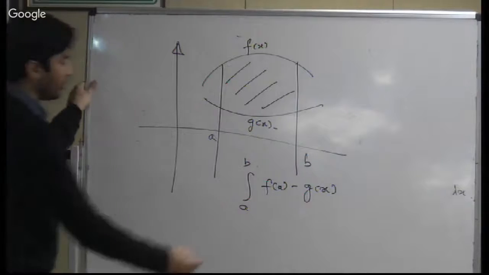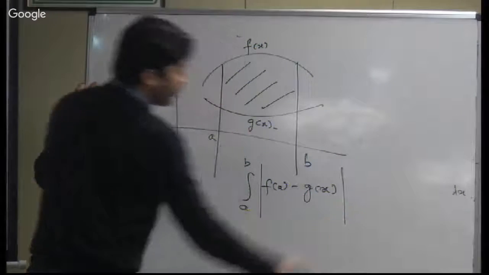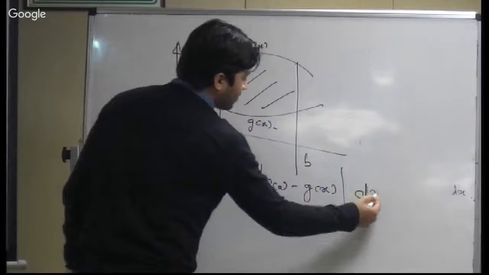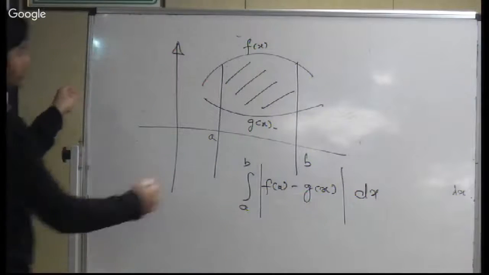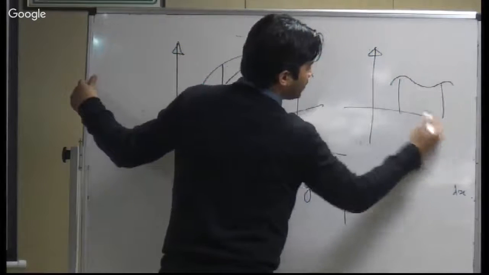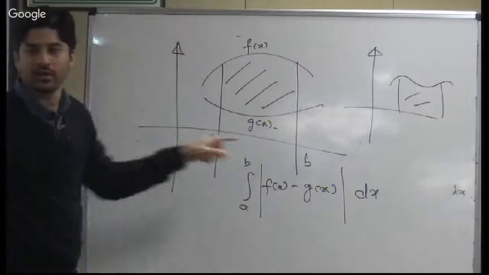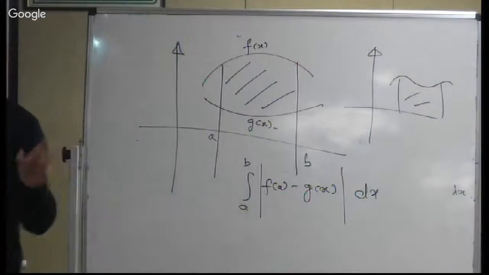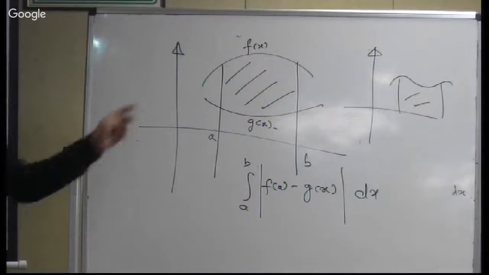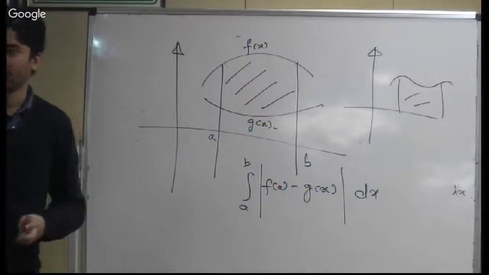But whenever it's not very clear, you can put mod of f(x) minus g(x) dx. Actually, when you were finding the area of the earlier curve, you used the same thing. Instead of g(x), what did you put? 0. So you understood? Both are positive, no issue. Mod of f(x) minus g(x) dx.